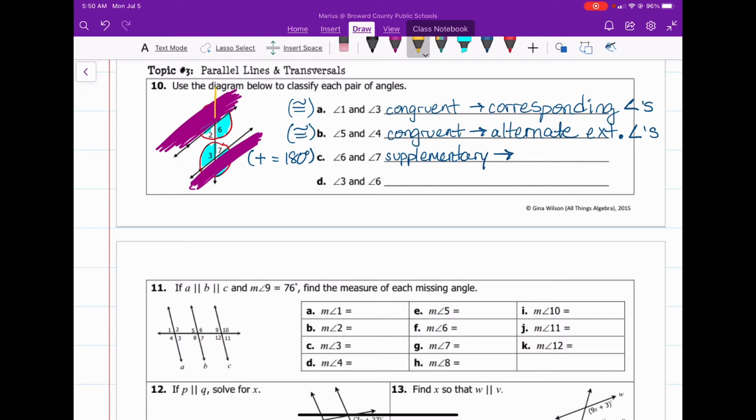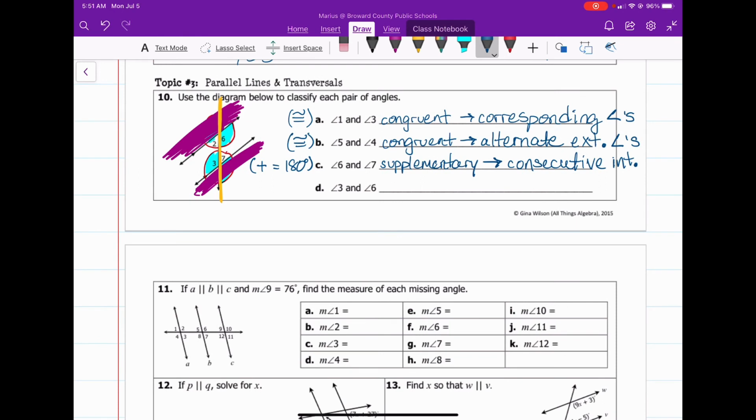The transversal, remember, I'm going to highlight with gold this time. You see that 6 and 7 are both on the same side, so when two angles are on the same side of the transversal, they're called consecutive. And since they're both located on the inside, these would be consecutive interior angles. INT, short for interior, and I'll use the angle symbol, okay?